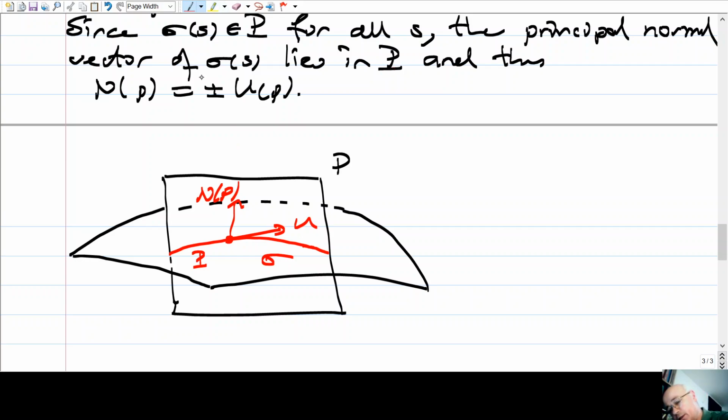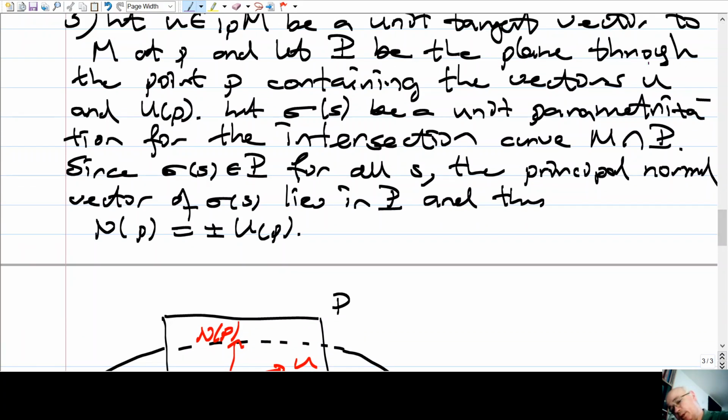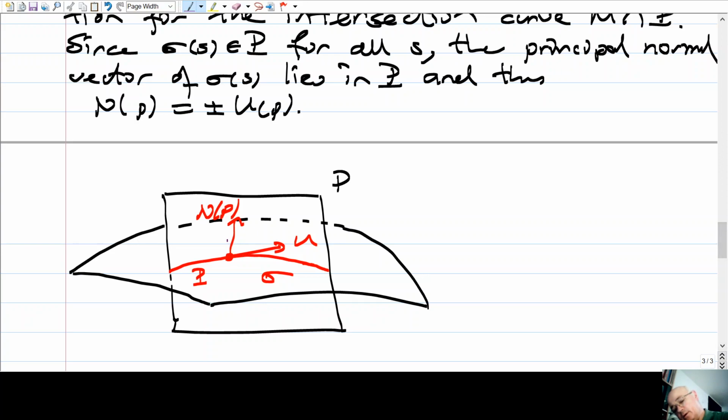Therefore, P is the plane through the point P containing the vectors u and UP.